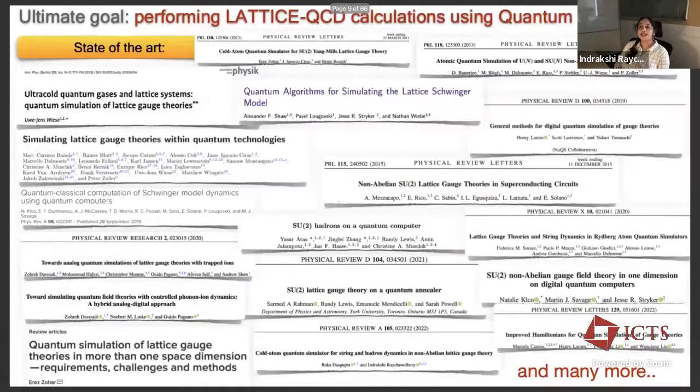If we look at the state of the art of this emergent research direction, you will find that there are lots of works coming up, and more groups are being engaged in this direction. This is not at all an extensive list of references, just a hint of what is happening in this field.